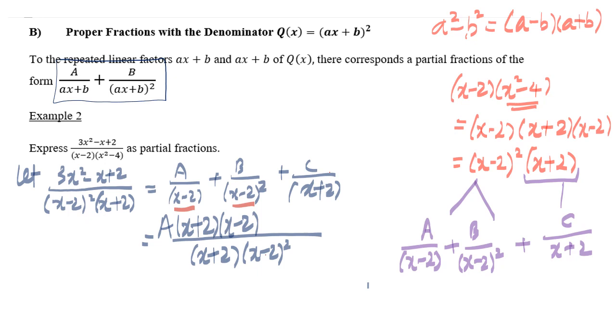Then if you look at the second partial fraction, at the denominator, you have already got this bracket x minus 2 close bracket squared. So we close it up. So your b would have to be multiplied with x plus 2.